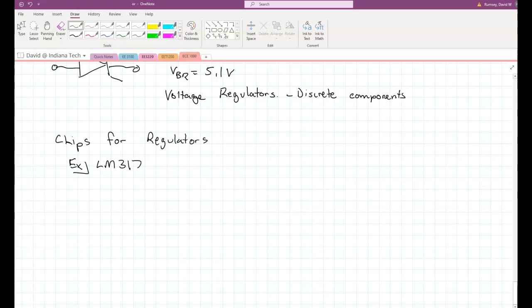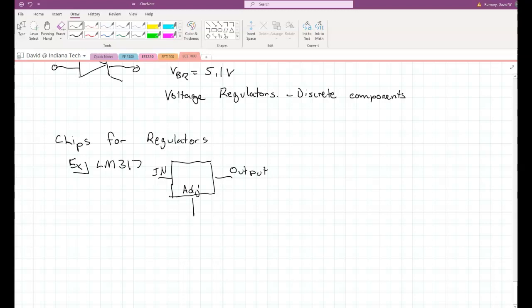An example of a chip that's a regulator is an LM317. I'm not even going to do a circuit diagram for that, because it really is just the LM317. I'll just write a box for it here. It's basically got an input, an output, and I believe they refer to the third pin as the adjustment.